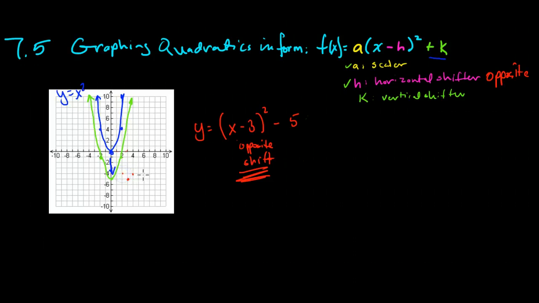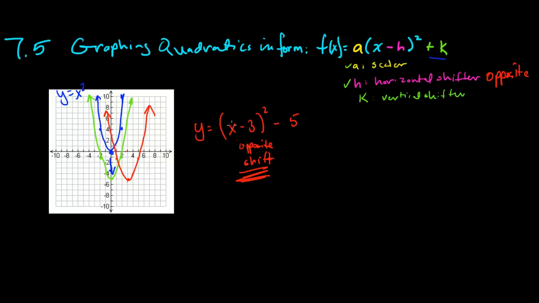And because our scalar is 1, this is just a normal parabola, opening up exactly as the other parabolas are opening. And notice that our vertex shifted both to the right and down.